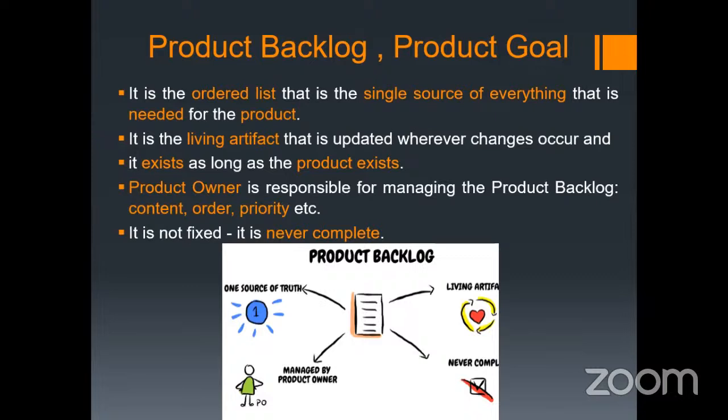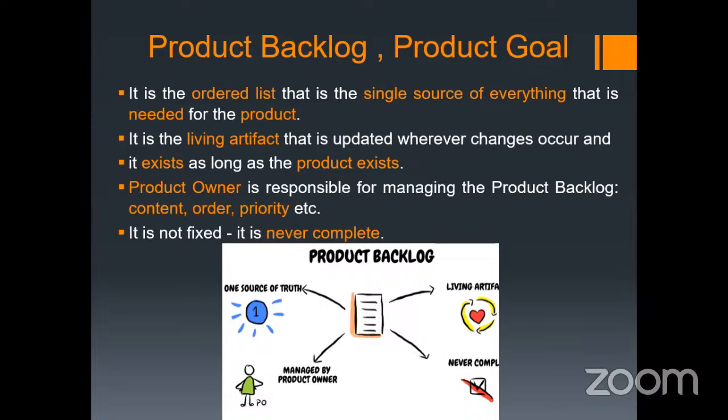It is a living artifact. Why is it a living artifact? Because the product owner is always in communication with the stakeholders, and the product owner can change the product backlog list.